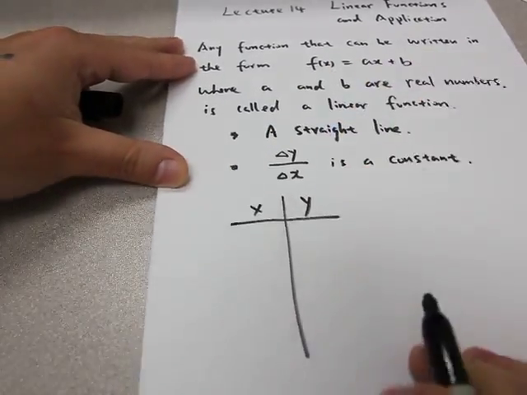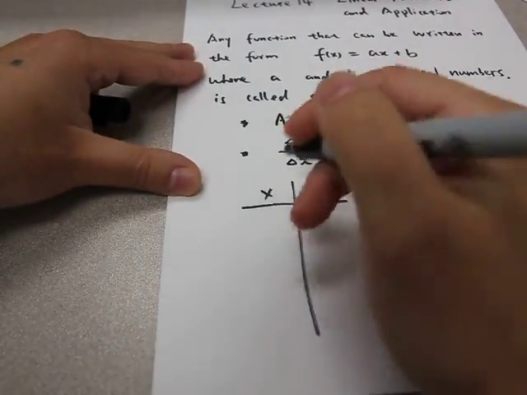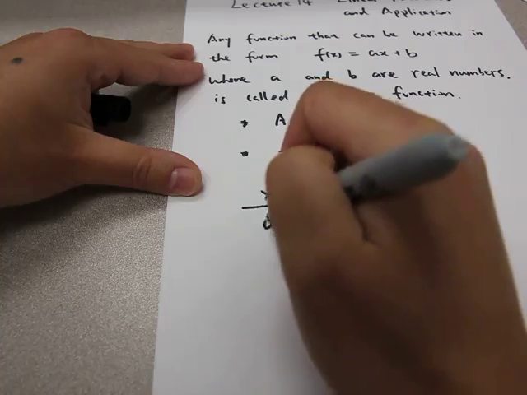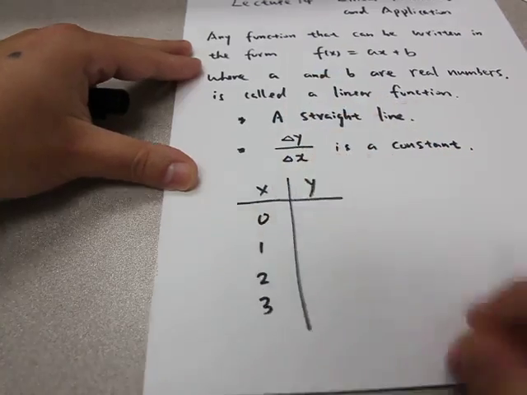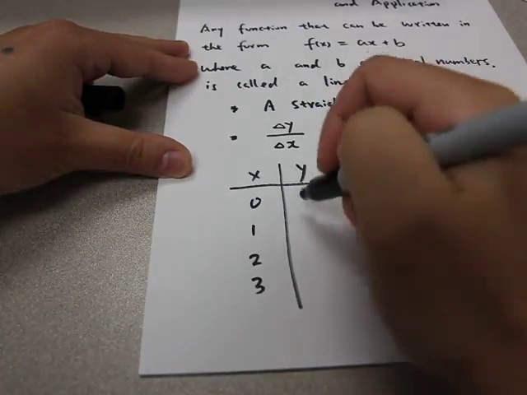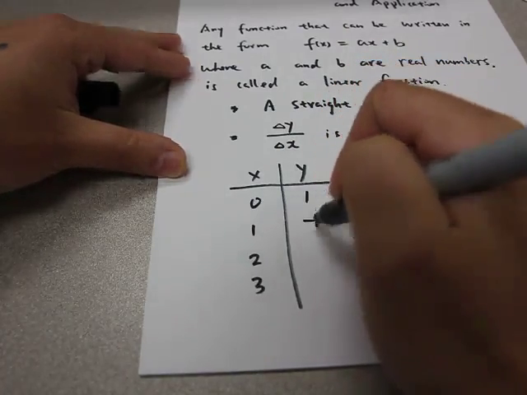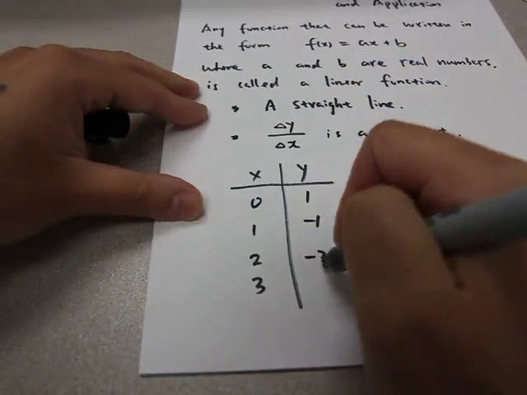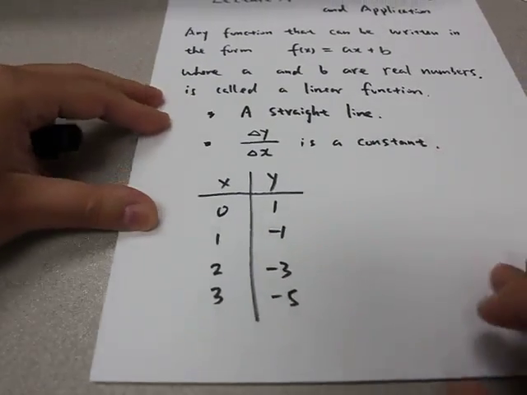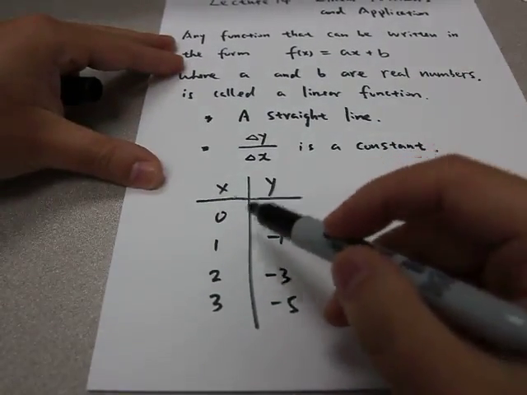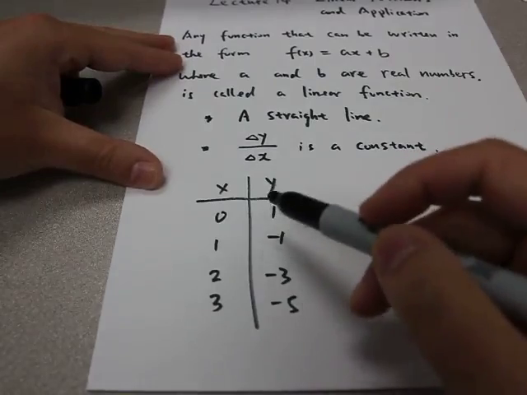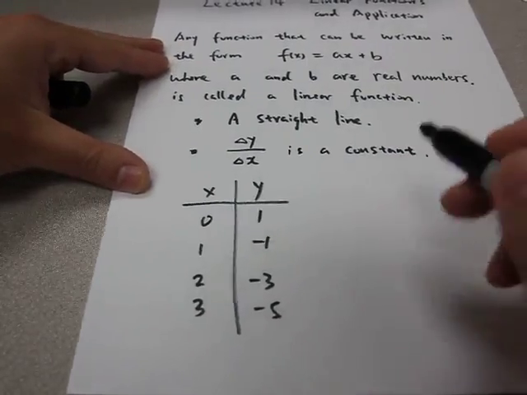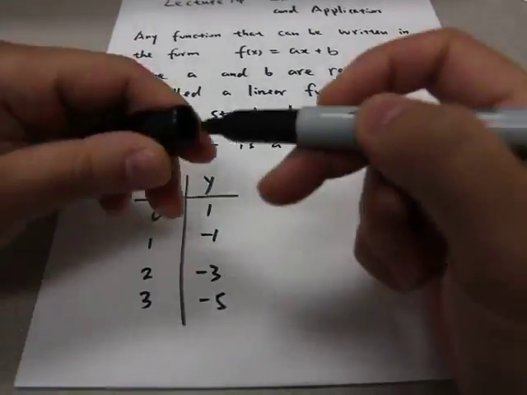So for example, we're given this table, okay? The x values are 0, 1, 2, 3, and the y values are 1, -1, -3, -5. So we wonder, does this table represent a linear function?